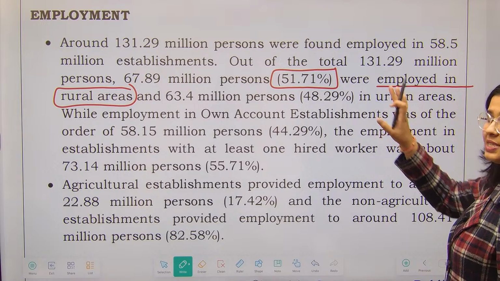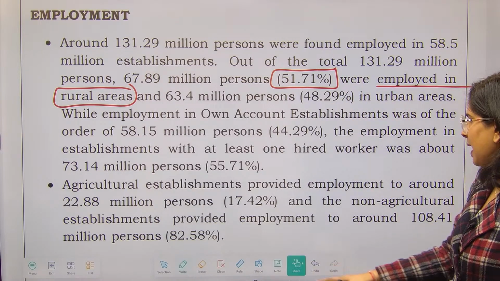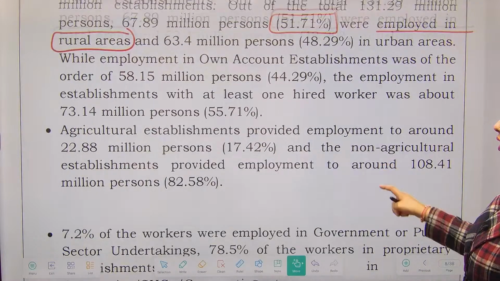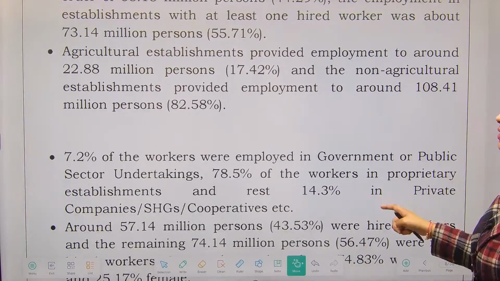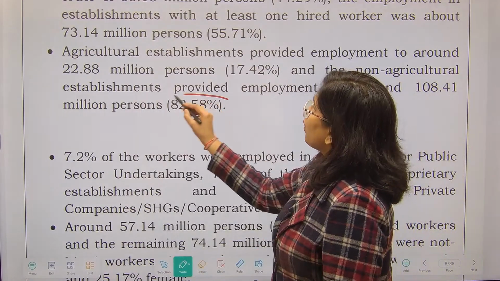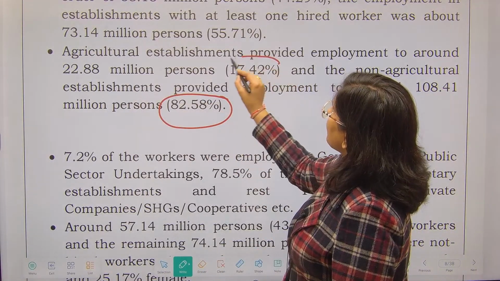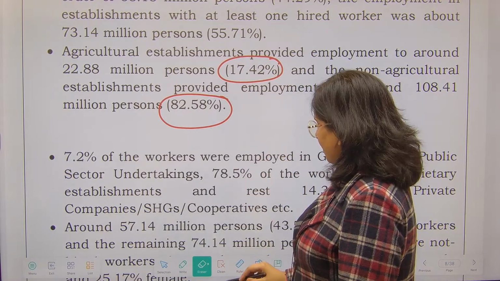Out of this, only these two lines are important for us, right? Agricultural establishments provide employment to around 17%, and non-agricultural establishments have provided employment to 82.58%, right? So non-agricultural is providing more employment, and you see agriculture is providing lesser employment.